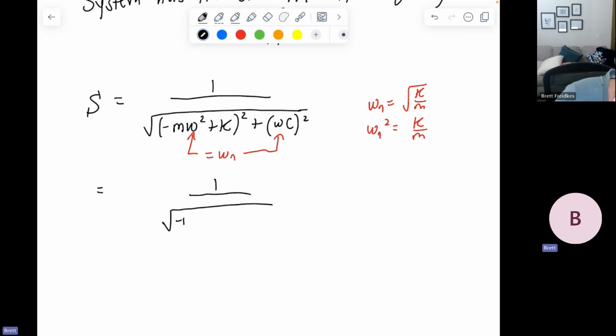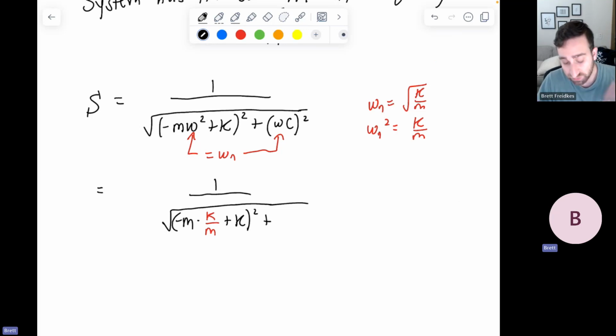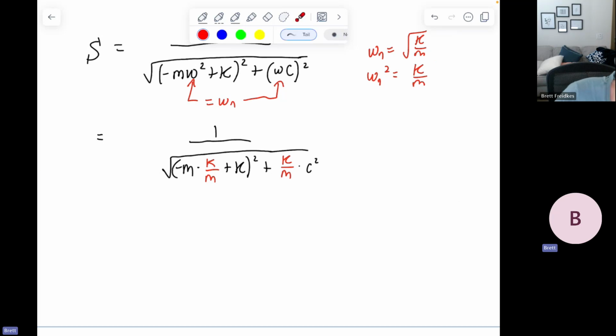So we get negative m times k over m plus k, all squared, plus, if I were to square that term out, I would get omega squared c squared. So I'll just write this as k over m times c squared. And what you'll note is that this term here will end up going to 0.